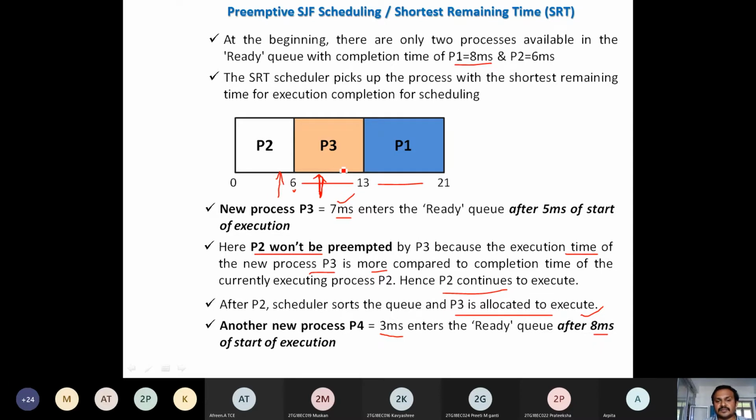So which one takes more time, P3 or P4? At the 8th millisecond, P4 enters with a completion time of 3 milliseconds. But at that time, the current process P3 is executing with a remaining time of 5 milliseconds, because 2 milliseconds are already over.